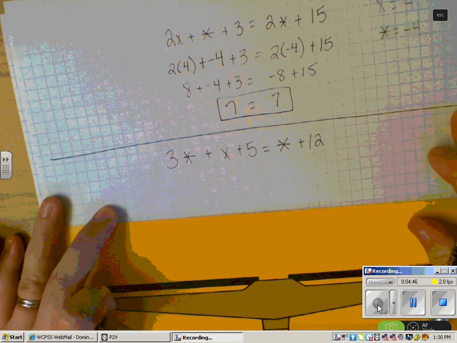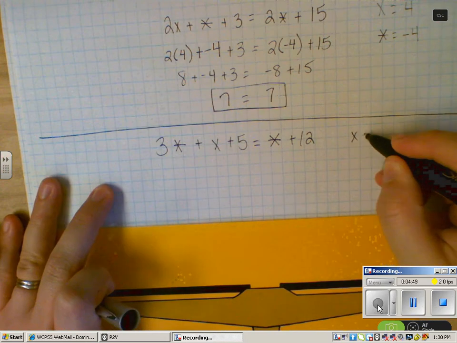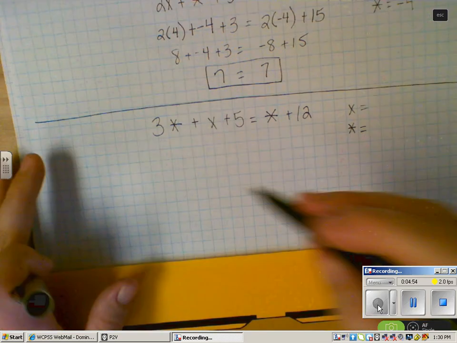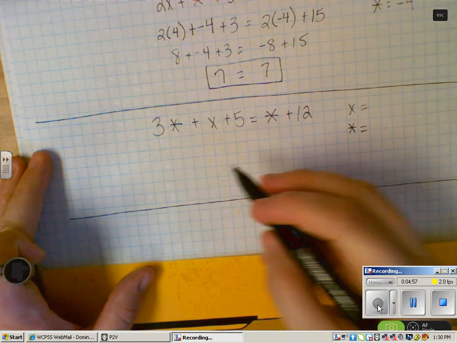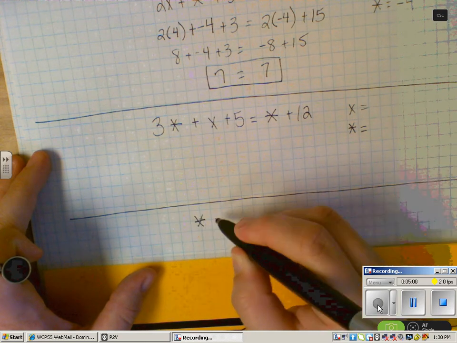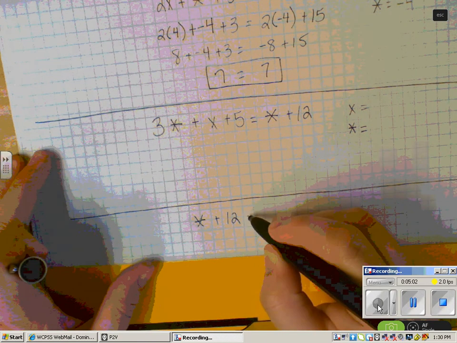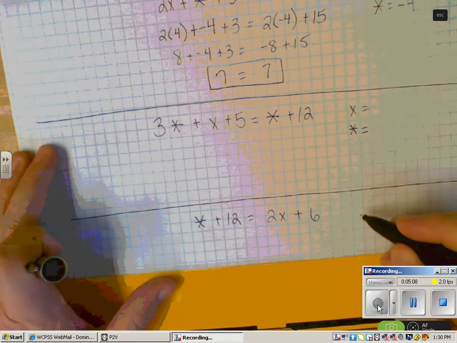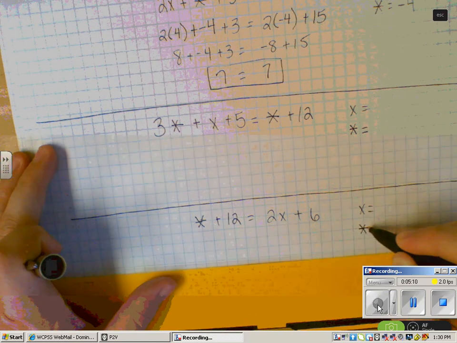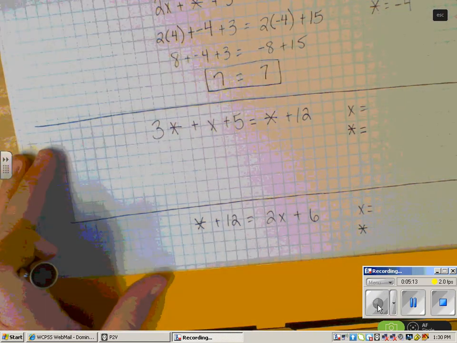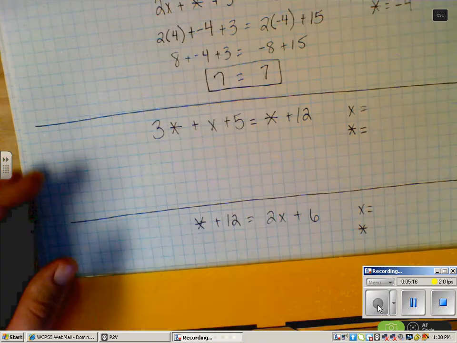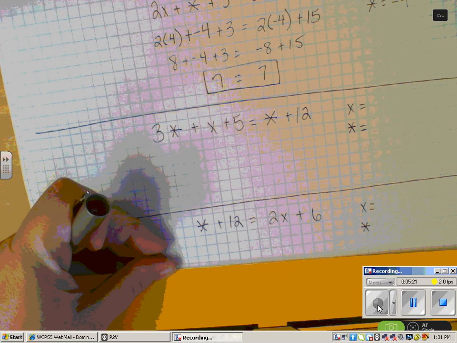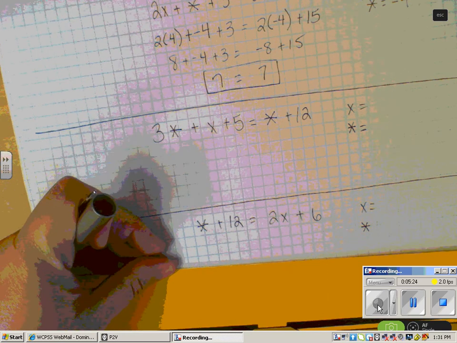And after you solve that one, get your x and your star, and check it, I want you to solve this one as well: star plus 12 equals 2x plus 6. You'll solve for x and star. Solve for both of them because I'm going to be posting the answers all at once. So solve this one, then solve this one, then turn the video back on to find your answer. And if you have any questions, make sure you ask me.